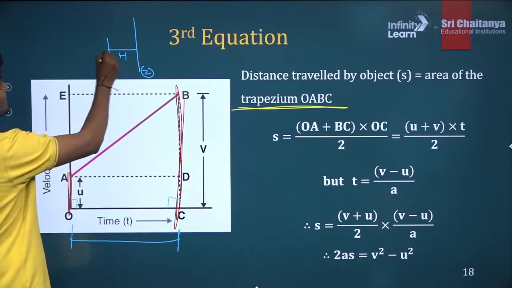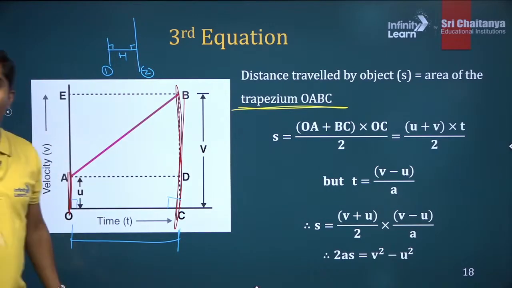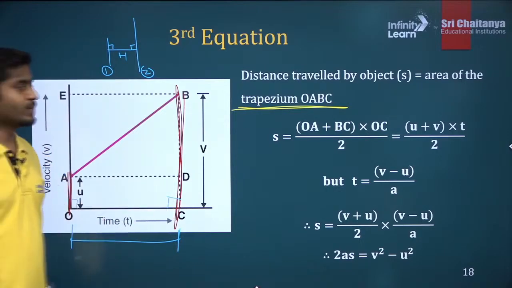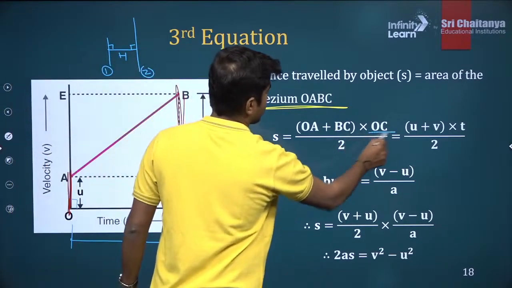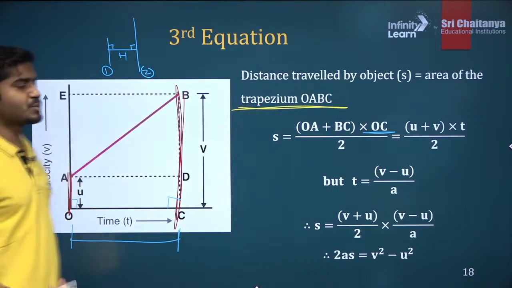Height is nothing but a segment which is making an angle 90 degree with the parallel sides. So it is this length OC. So that is our height. Clear?